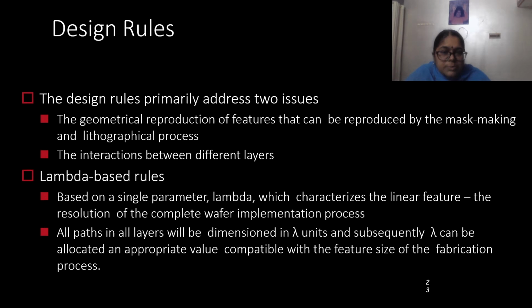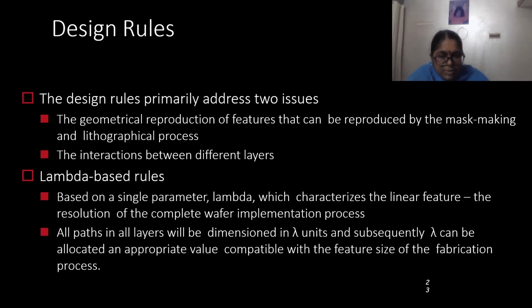The design rules primarily address two issues: geometrical reproduction of the features that can be reproduced by the mask making and lithographic process. We know that in fabrication of a circuit, a transistor, NMOS transistor, PMOS transistor, CMOS circuit, mask making has to be done.